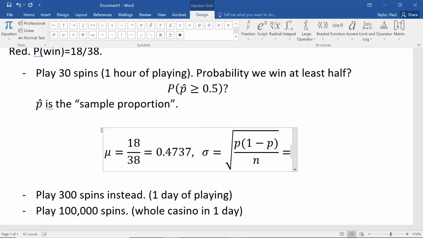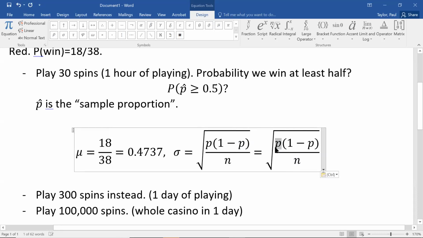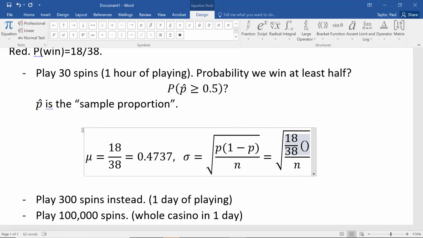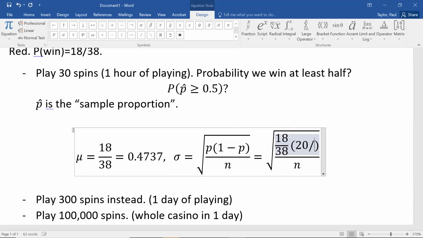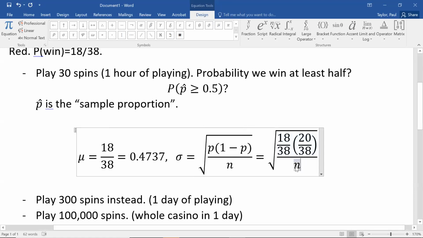And so for our particular example, our proportion of winning is 18 over 38. And then 1 minus that, so 38 over 38 minus 18 over 38, that gives 20 over 38. And we are going to be spinning 30 times.